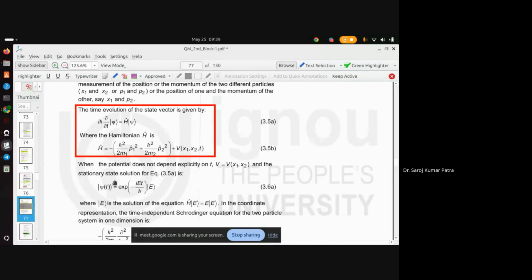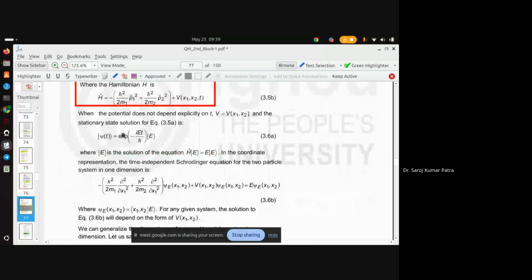And how exactly does the state evolve in time? So psi(t) will be equal to exponential minus iEt by h cross into the eigenstate of H cap, the time independent one. That's what it is saying, where |E> is the solution of the equation H|E> = E|E>. Because we already have written psi, it is kind of avoiding writing psi here. So H psi is equal to E psi, that kind of equation.